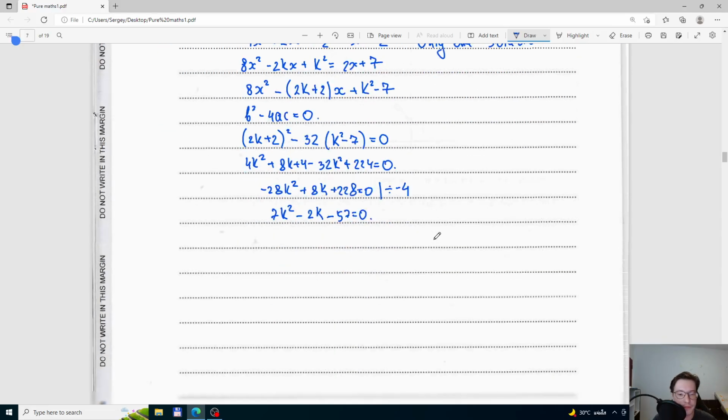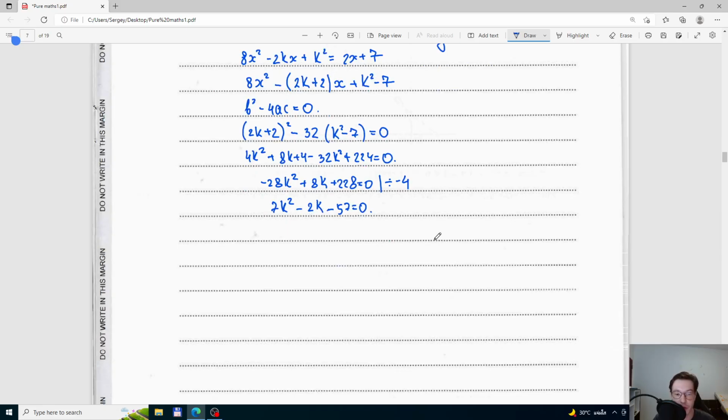I'm going to solve it using the formula for the quadratic equation. Minus b, which is 2, plus or minus the square root of b squared minus 4ac, which is 1596, over 2a, which is 14.